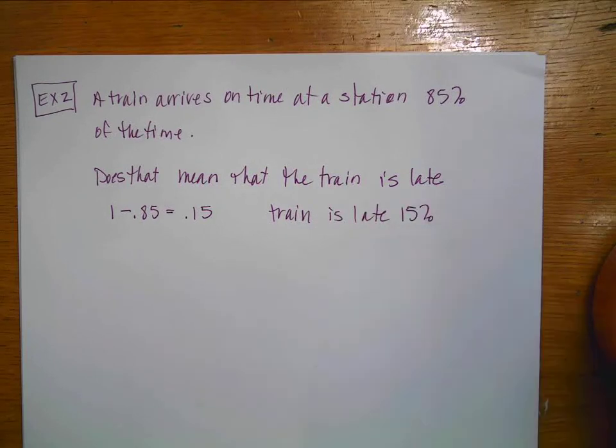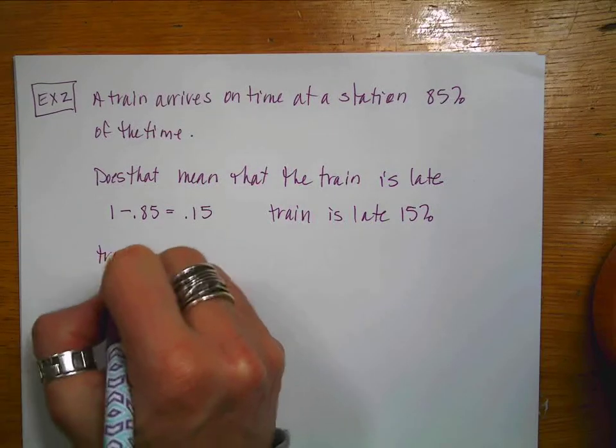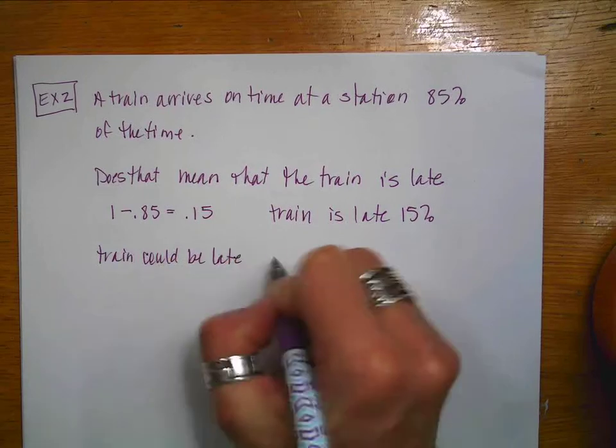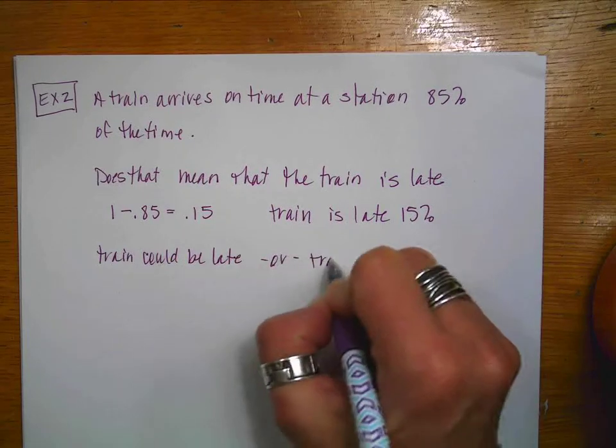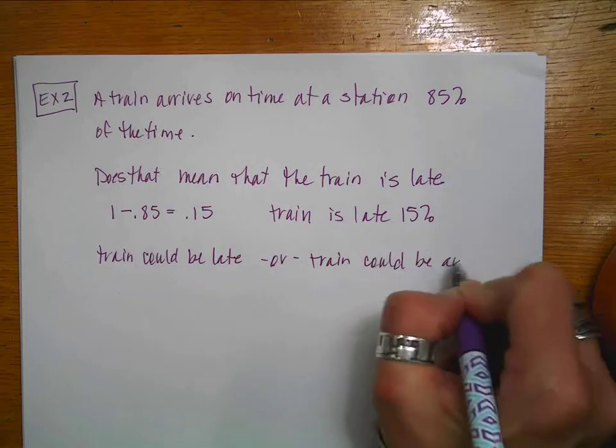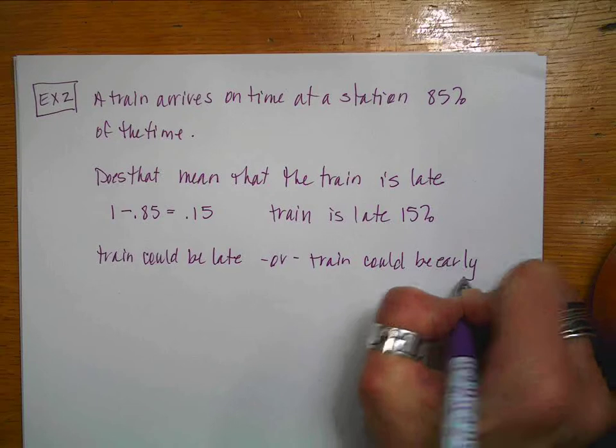So does the complement mean that the train is late 15% of the time? Well, you can't make that assumption because the train could be late, or the train could be early, E-A-R-L-Y.